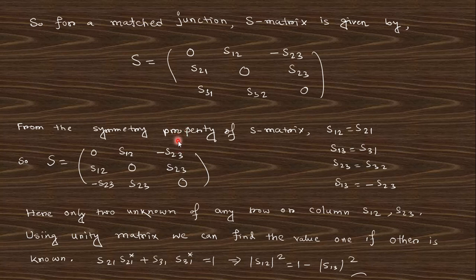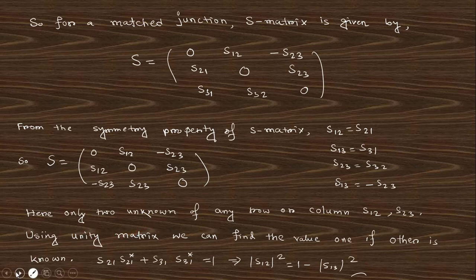But if you use the unitary property, that says that the addition of the squares of these two elements will be 1. So finally you get that there is only one independent variable, right? Because there are two variables but they are connected through this relation, so there is only one independent variable.